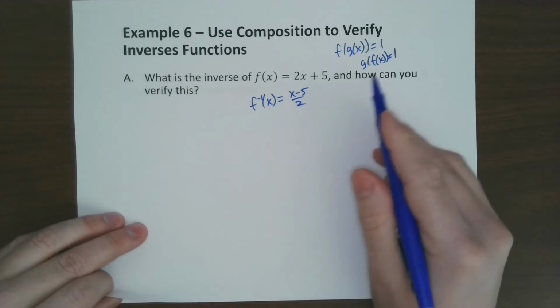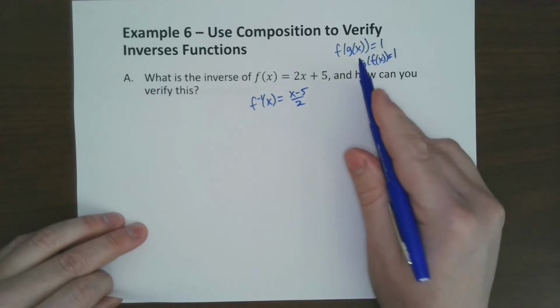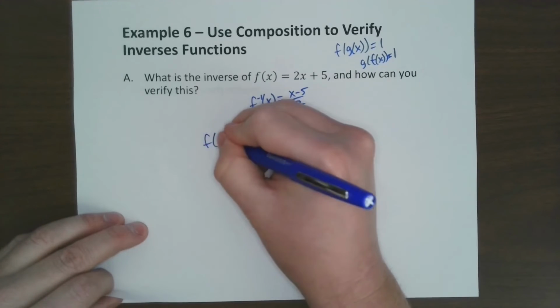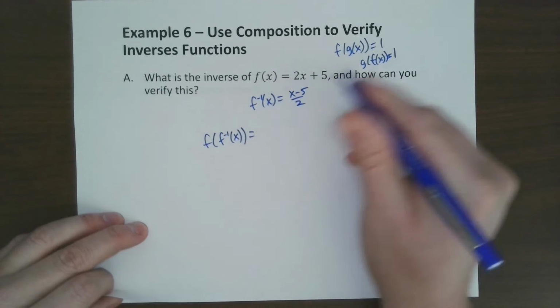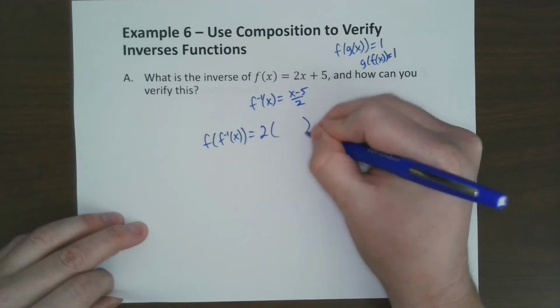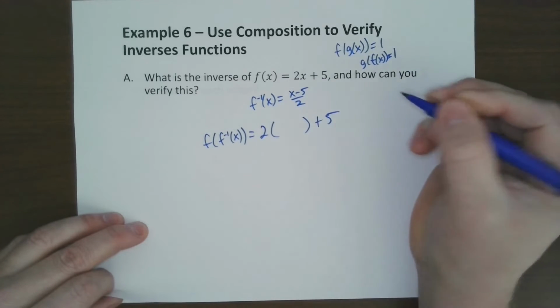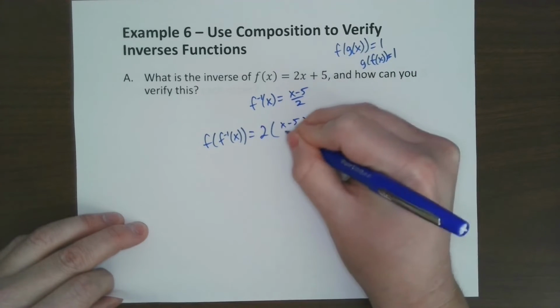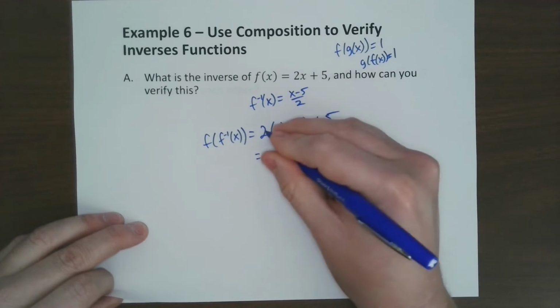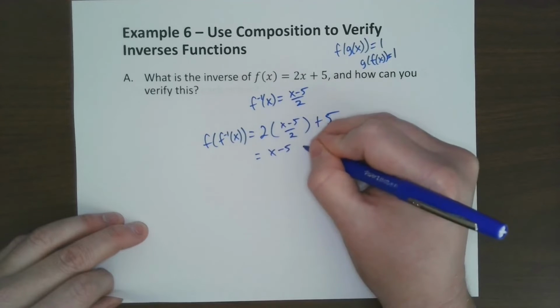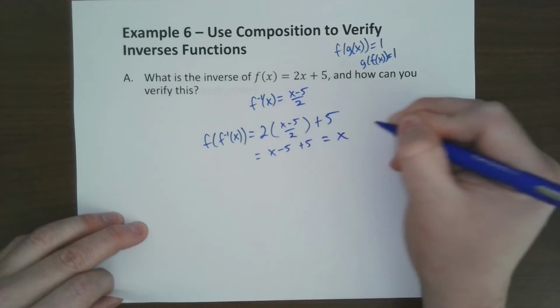So, now we're just going to plug it in. So we're going to do f to the negative 1 of x. So wherever f is, we go 2, like that. Put this inside, because that's the inverse. And we get the 2's cancel. So x minus 5 plus 5, which equals x.